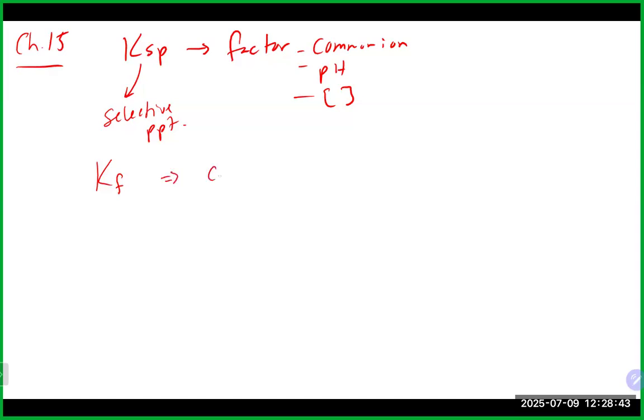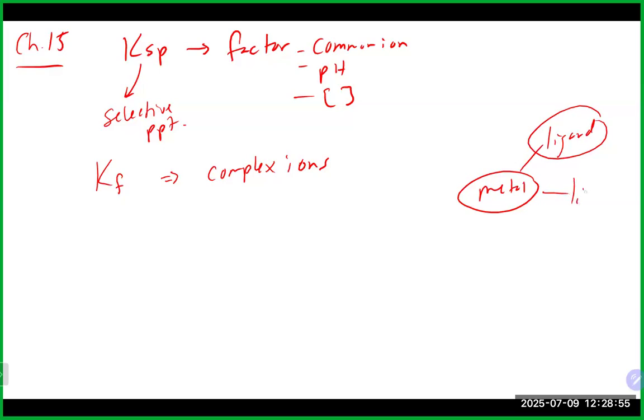And Kf is typically the one for complex ions. Complex ions have a metal that's typically in the middle, usually with a number of what are referred to as ligands attached to it. Ligands are Lewis bases, which means they will donate a pair of electrons to our Lewis acid here, which is the metal, which is deficient in electrons because it typically has a positive charge.